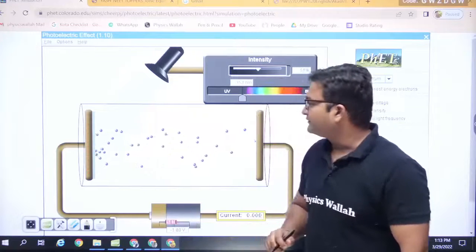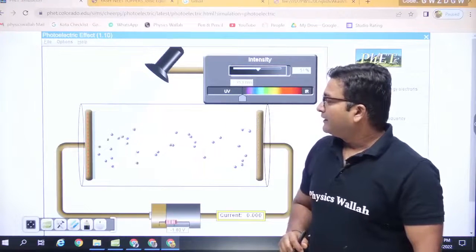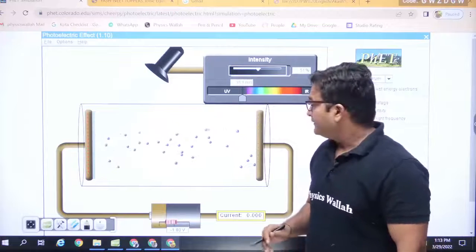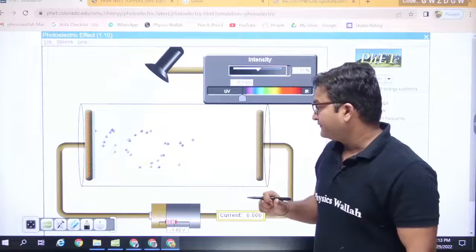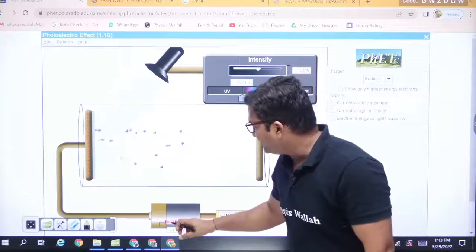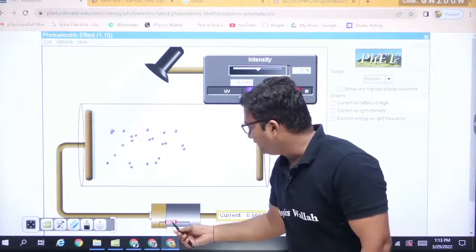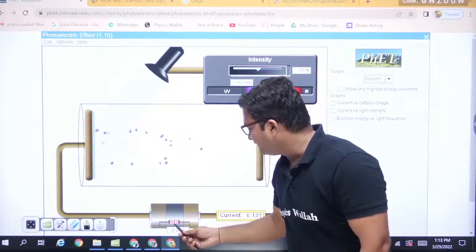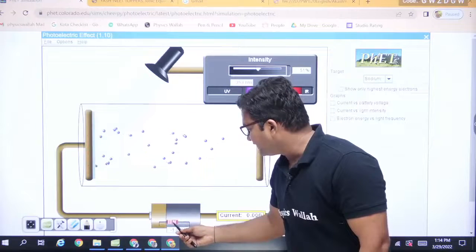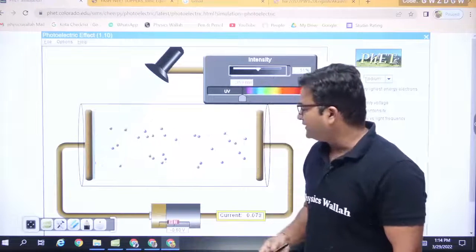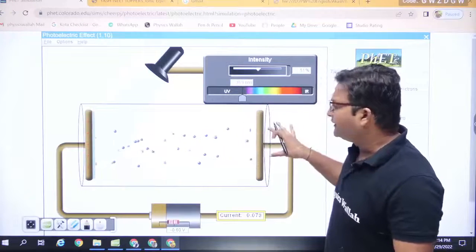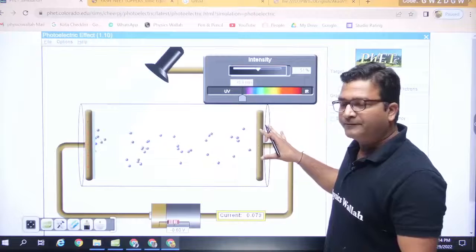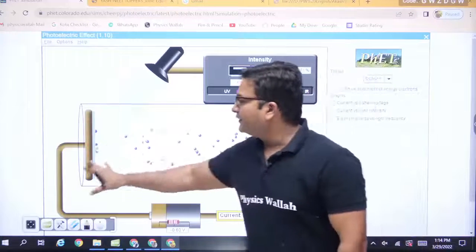Let us see what happens. Can you see few electrons which are fast enough? Let me keep it minus, but not this much minus. Let's keep the voltage now as 0.6 volt. So the anode is 0.6 volt negative as compared to cathode.